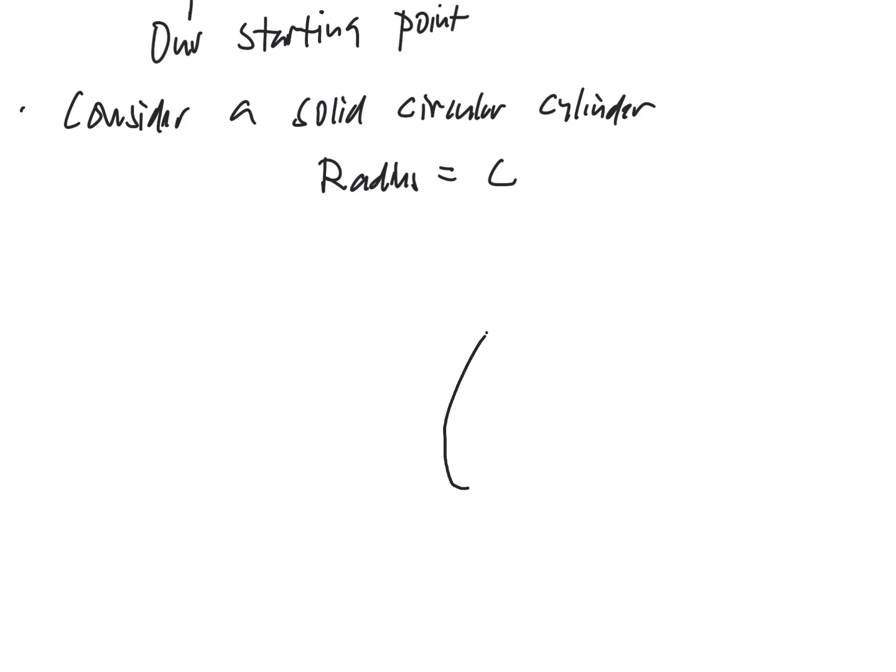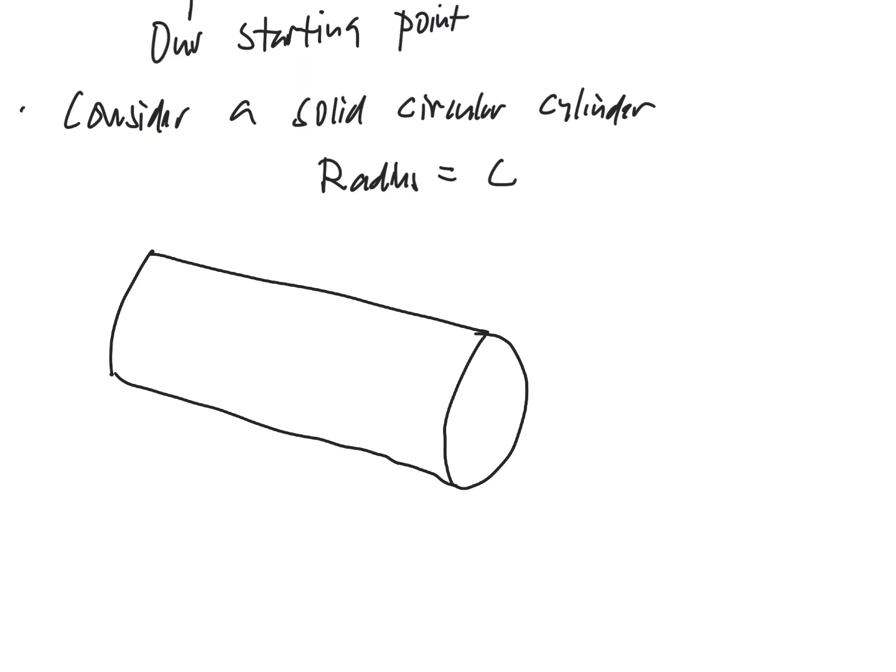So it looks something like this, and then it goes down here, and down here. There it is. And so the outer radius then is going to be equal to C. And we're applying our torque to it. So I'm going to move the torque arrow out a little bit there and there. So after deformation then, we are going to have this segment move to some sort of new position.